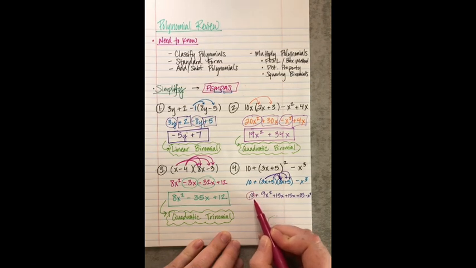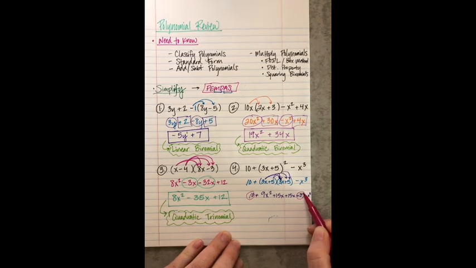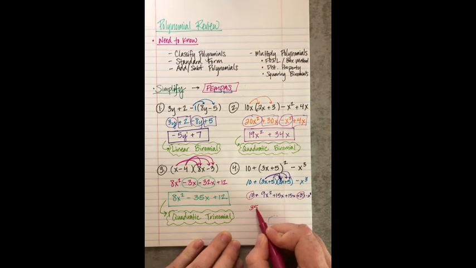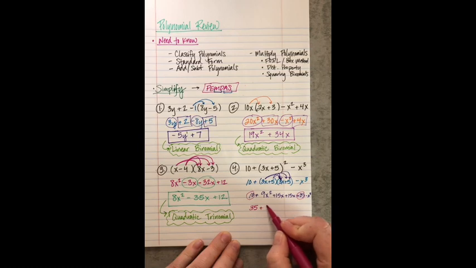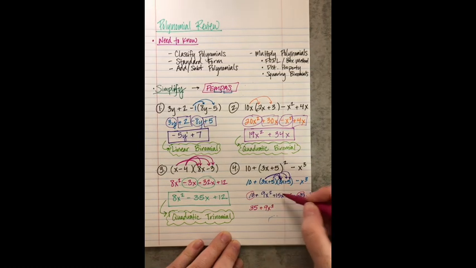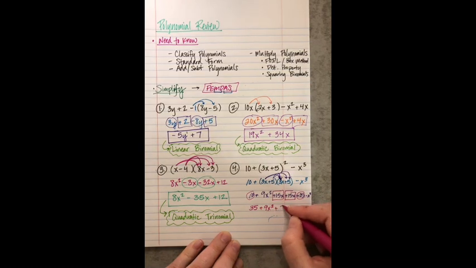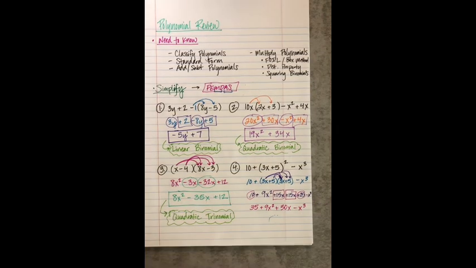So 10 goes with the 25 to make 35. X squared, there's no other x squared, so I'm just going to bring down the 9x squared. 15x plus 15x is positive 30x, and there's no other x cubed, so I'm just going to drop down that.